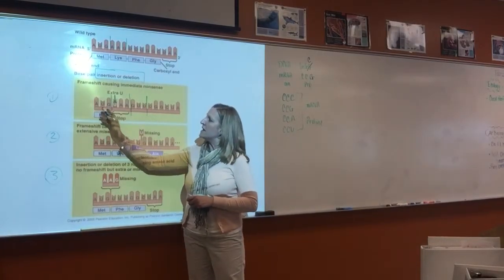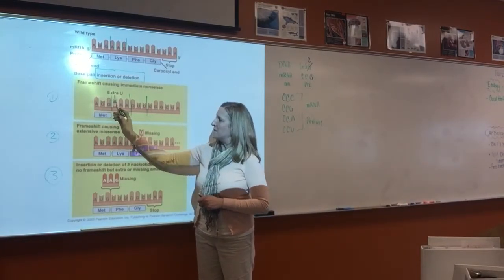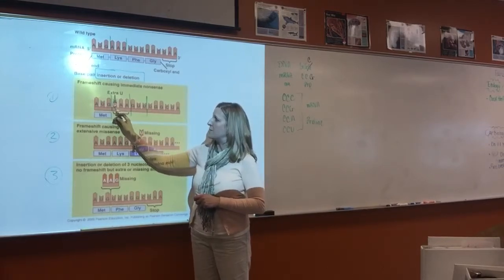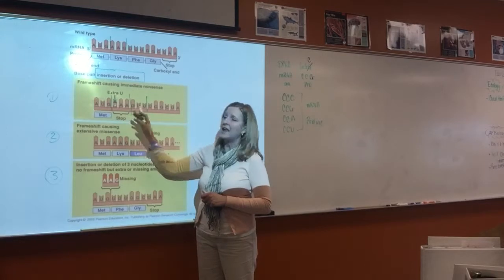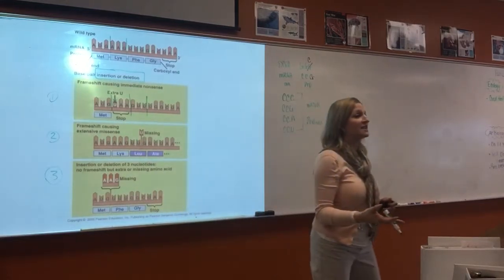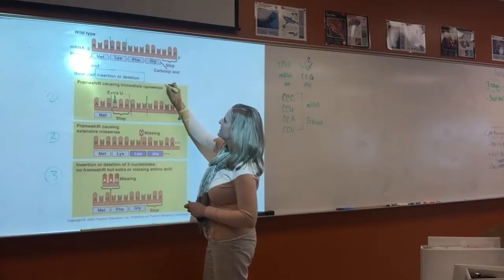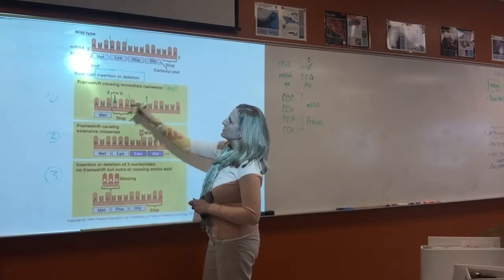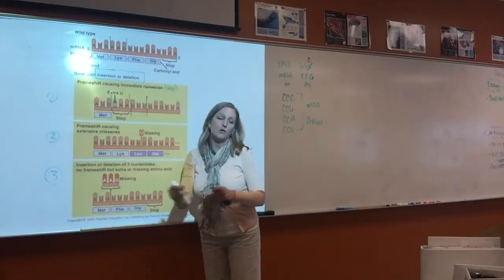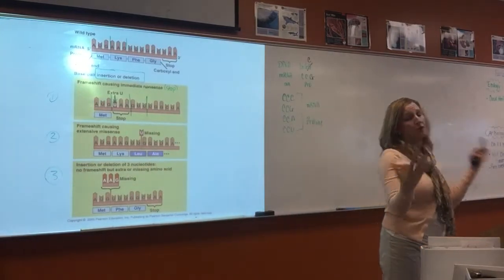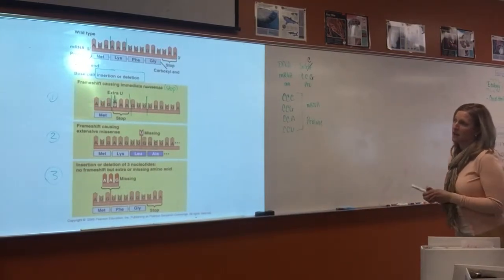Inserting this extra U is really detrimental because it makes the next codon UAA, which if you look in your chart is a stop codon. That's why it says causing immediate nonsense, that's a stop. So it makes the second codon a stop codon, and therefore it's really detrimental. You're not going to get that protein made.